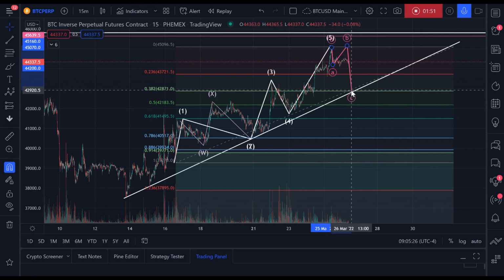And we know that the minimum retracement for a wave 2 correction, according to Elliott wave theory, is the 382. So it's likely, judging by this analysis, that we get this C wave to the downside sooner than later.